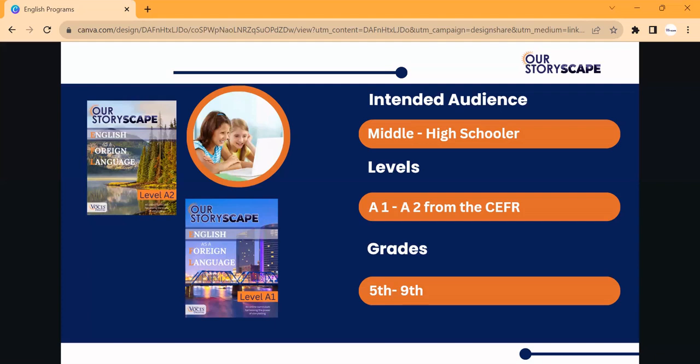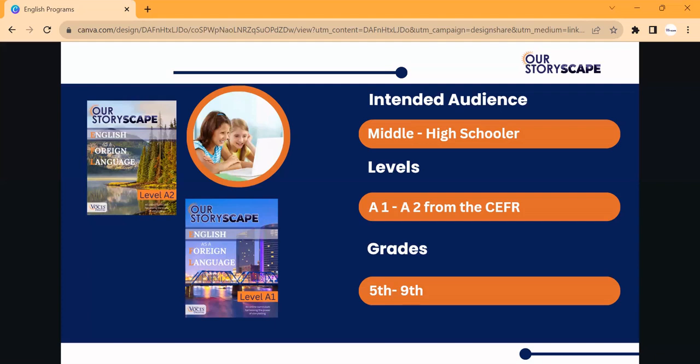Okay, that's great. So I'm going to share now our ESL Storyscape series, which targets middle and high schoolers. We have levels A1 and A2, aligned with the Common European Framework, which other countries use to learn English as a foreign language.